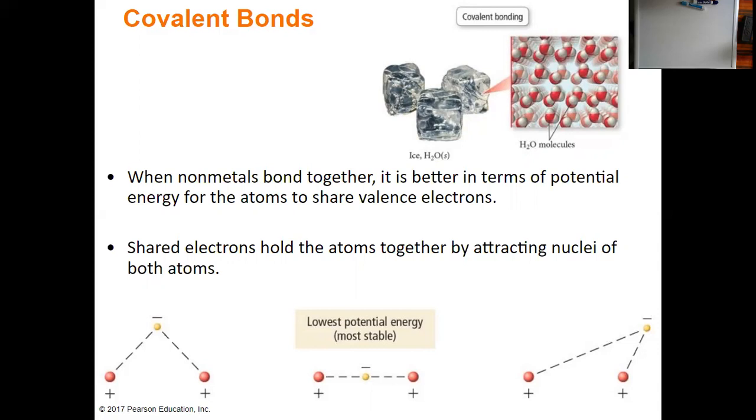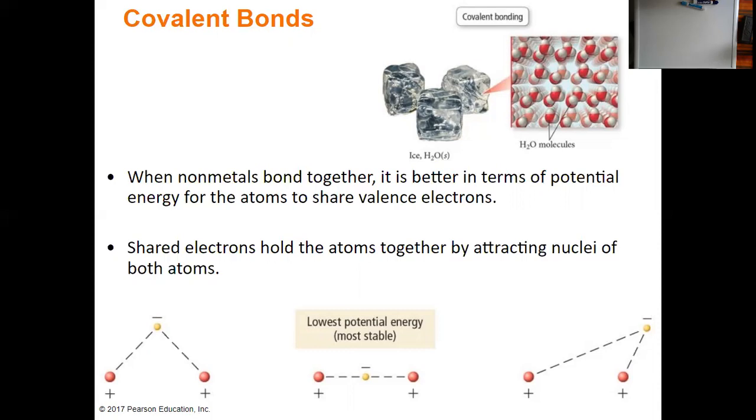Here you have nonmetals. Nonmetals in general are going to have higher electron affinities and higher ionization energies. So they don't do opposite things. Like metals and nonmetals, they do opposite things with their electrons. So transferring electrons from one to the other makes sense.